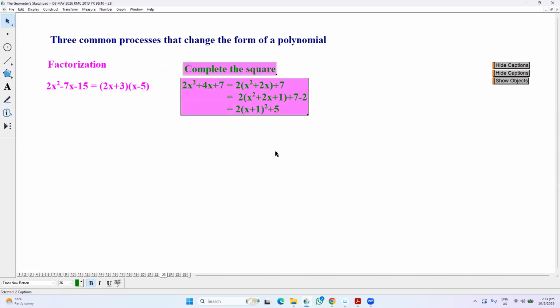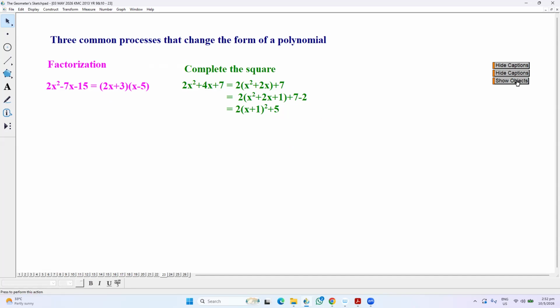If we complete the square, with 2x squared, we take out the 2, so x squared must be 1. So 2x, half of it becomes 1, so add 1. Add 1 but there is a 2 outside, so minus 2. So it becomes 2 times (x plus 1) squared.